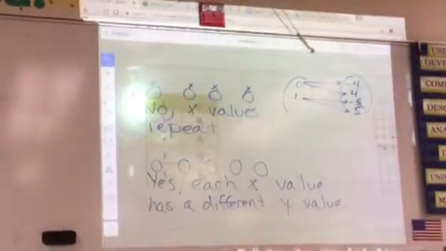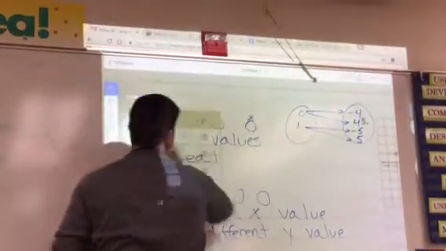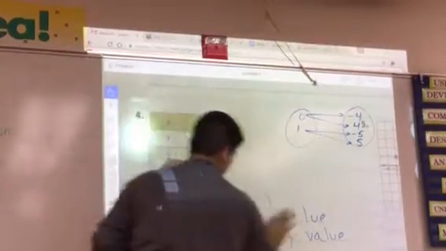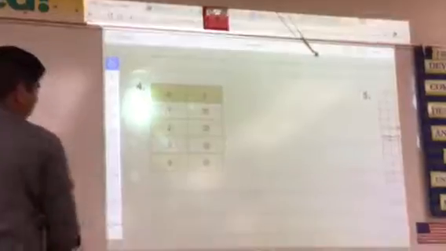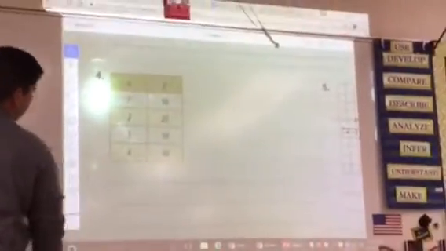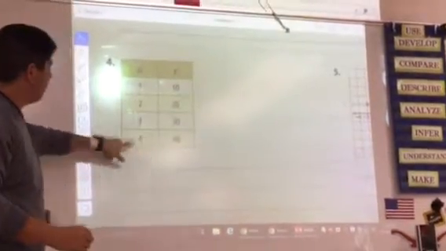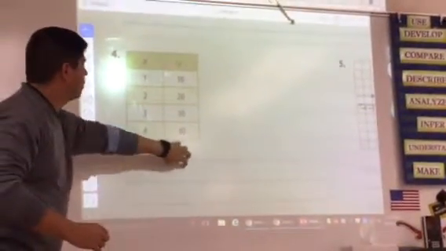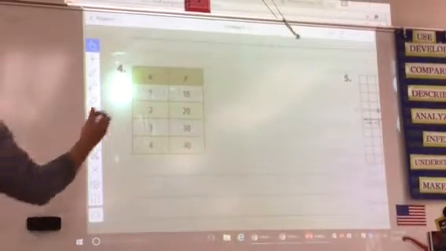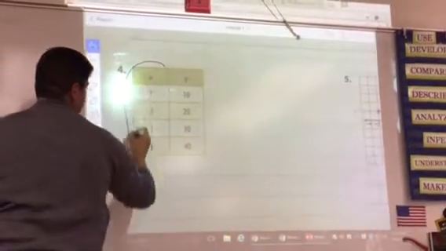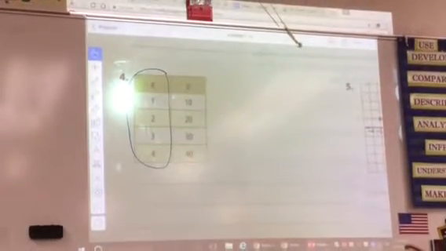Now we're gonna look at some tables. A table kind of looks like a mapping diagram. The only difference is all my x's are here, all my y's are there. If I had another x that was the same, it would still be here too. This one doesn't. So same thing on my tables. All I'm looking at is my x values. Tables are probably the easiest. Are all my x values different?